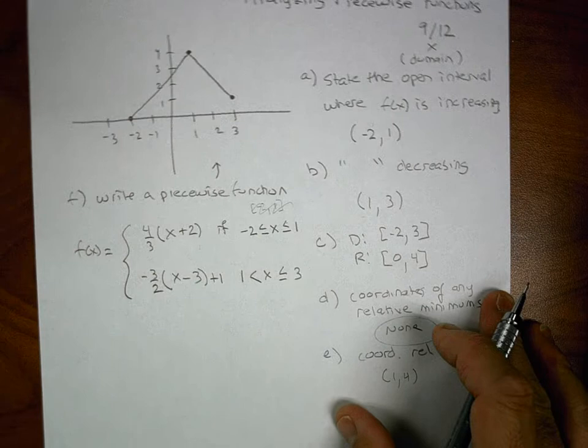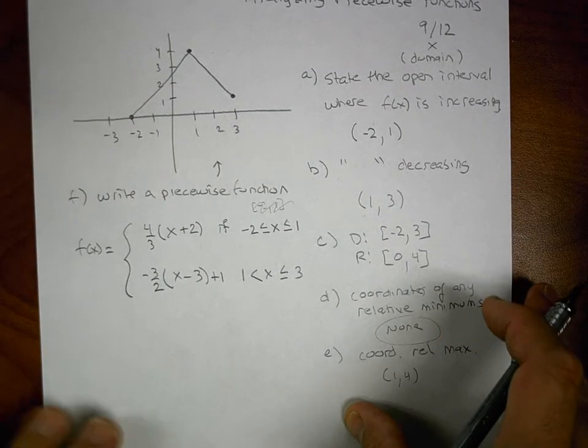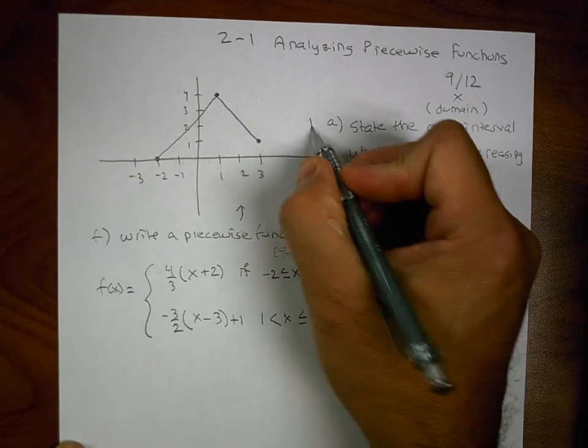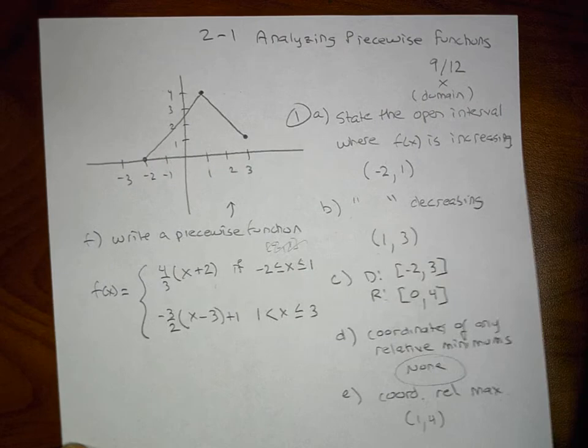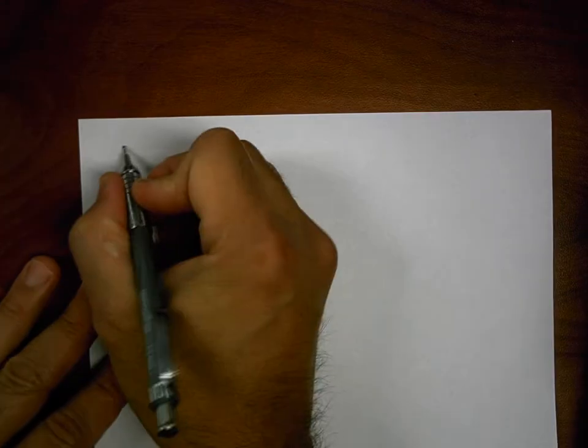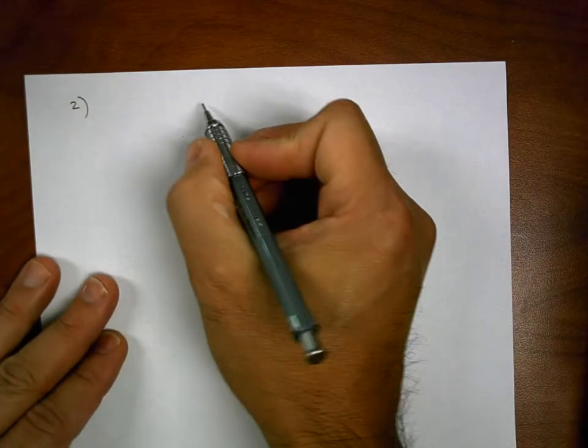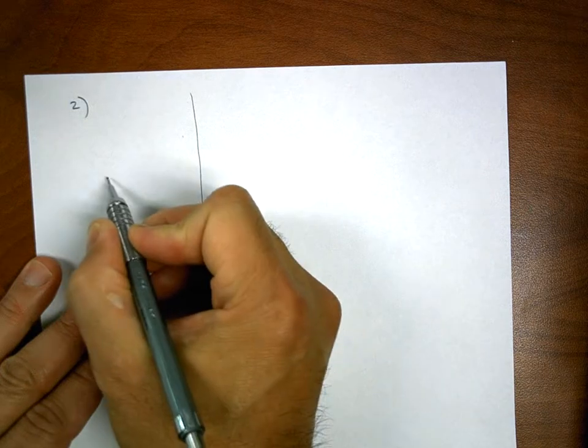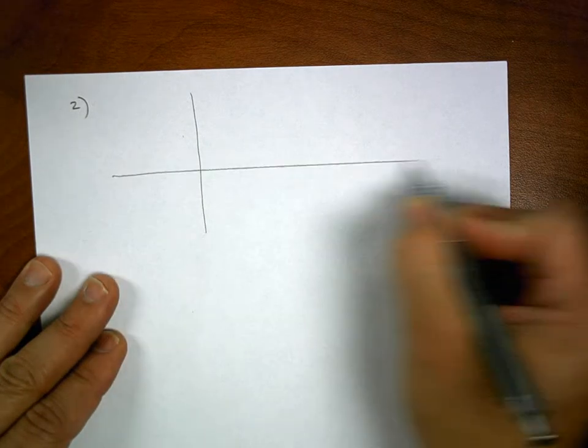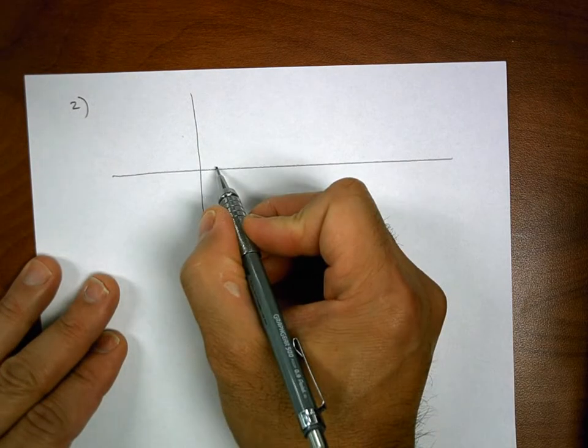Okay, let's look at one more. Let me turn this over. So I guess this was number 1. All right, so number 2. Okay, let's graph this. It goes kind of far this way, so you're going to graph actually 7 this way.